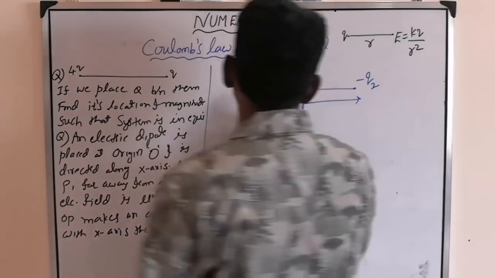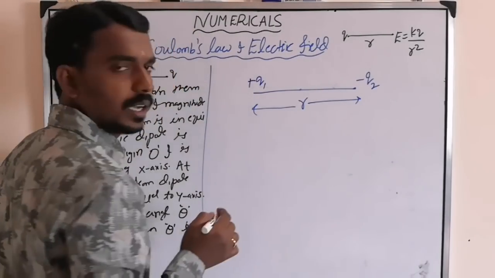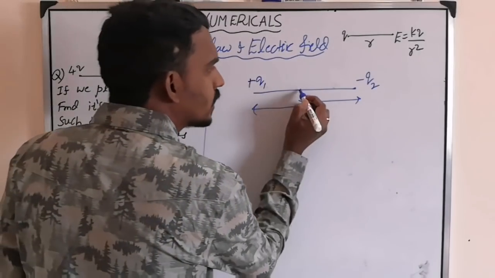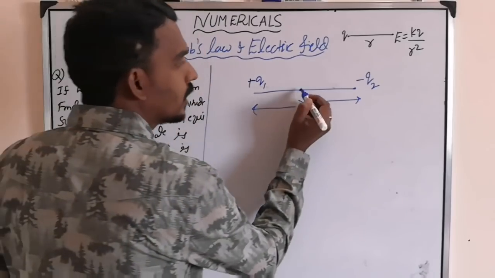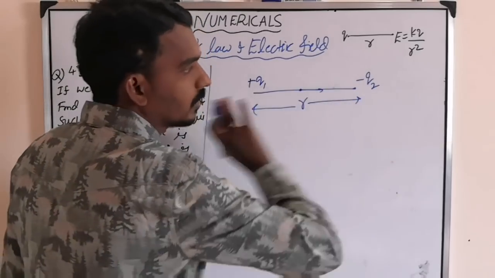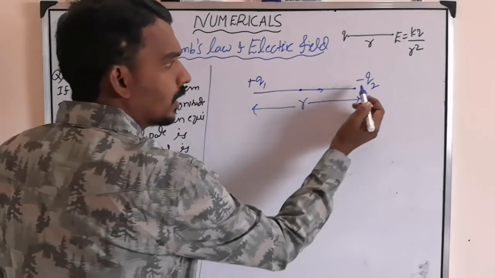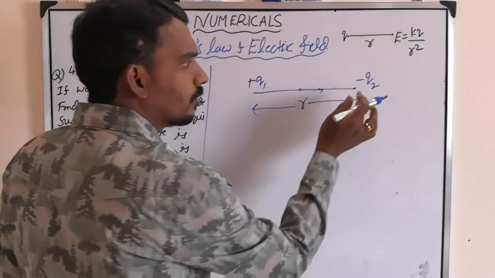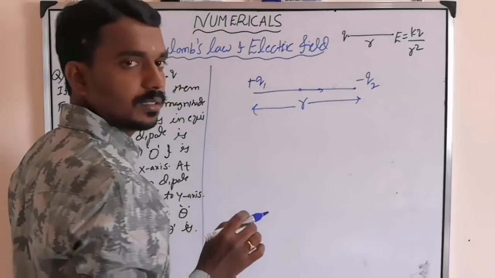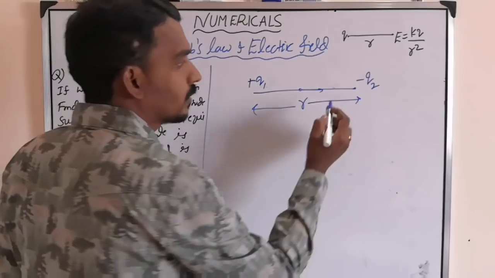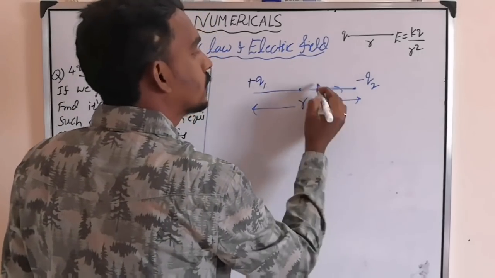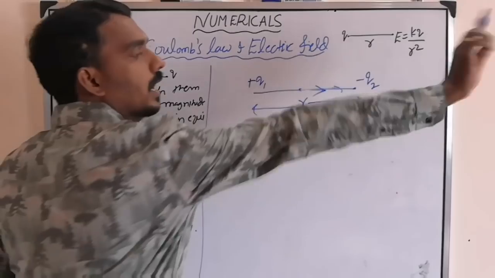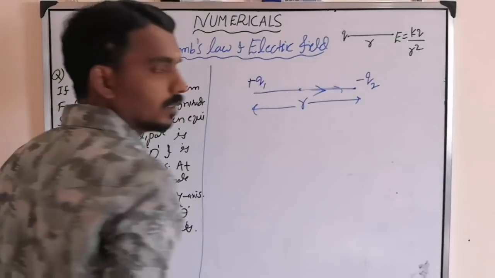Q1 is a positive charge, so the field direction is away from it, the right side. But the other is a negative charge, so at this point the field due to the negative charge is towards it. Positive charge away, negative charge towards.